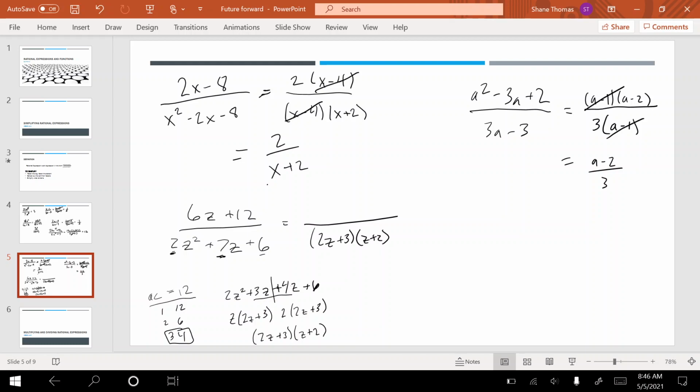The top, what can I factor out of the top? How about 6? Factor out a 6, leaving me with z plus 2. Now what happened? Boom, boom. Left with 6 over 2z plus 3. Questions on that one?